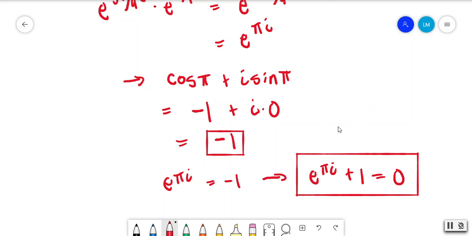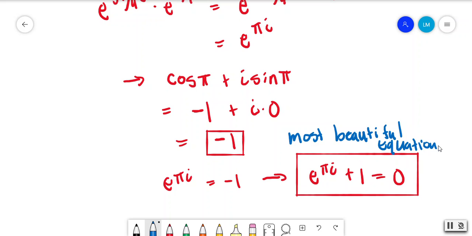This is actually known as the most beautiful equation, or that's kind of what it's known as.